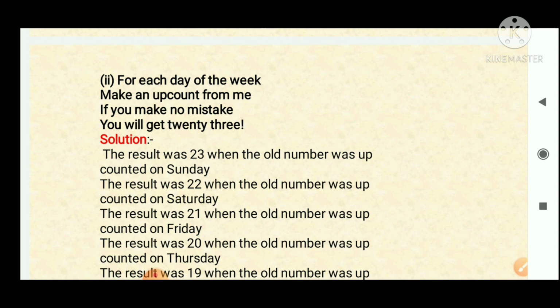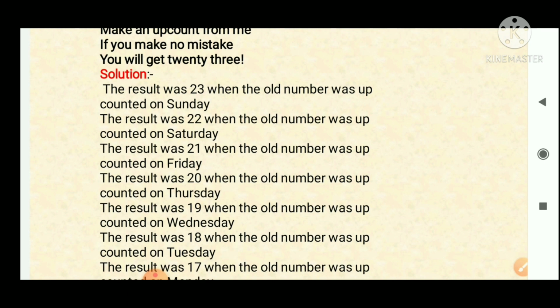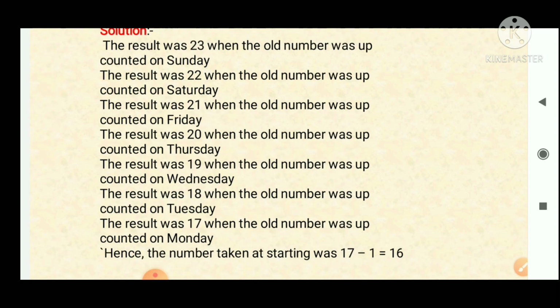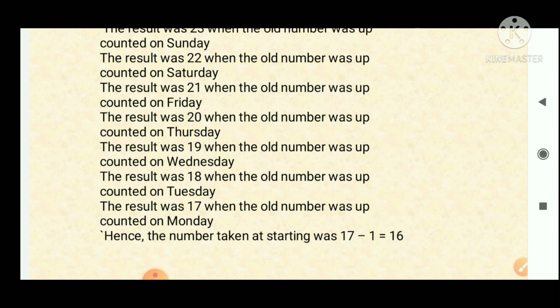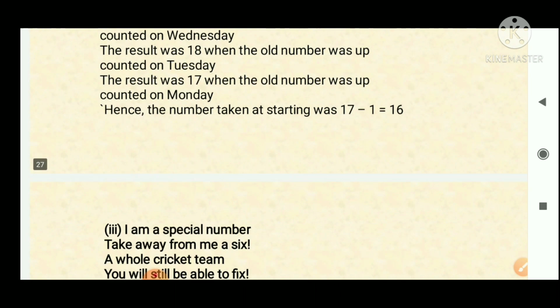The result was 22 on Saturday, 21 on Friday, 20 on Thursday, 19 on Wednesday, and 18 on Tuesday. The result was 17 when the old number was counted up on Monday. Hence, the number taken at the start was 16, because 17 minus 1 is 16. So 16 is the answer of this riddle.